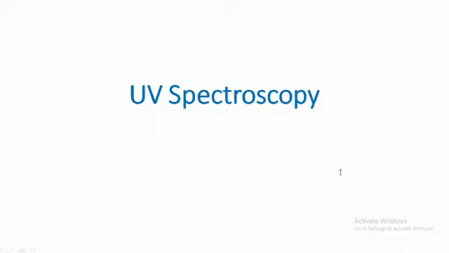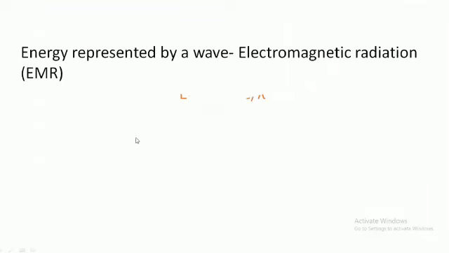Okay, so starting with UV spectroscopy. The first thing, as I mentioned in the last class, is that energy in the form of a photon, when it comes to light, is represented as a wave function, precisely a sinusoidal wave function.